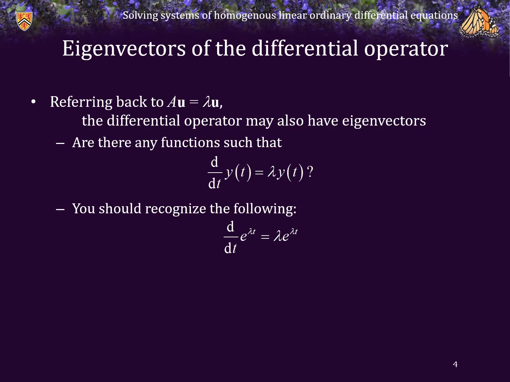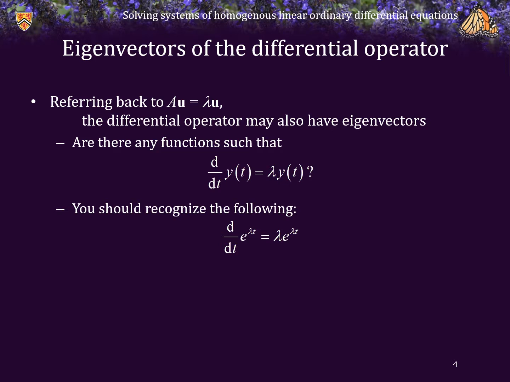Actually, you should recognize this. The derivative of e^(λt) is λ times e^(λt). So yes, indeed, here we have the derivative being applied to a function being a scalar multiple of that function. And the interesting thing is it doesn't matter what value of lambda we have.